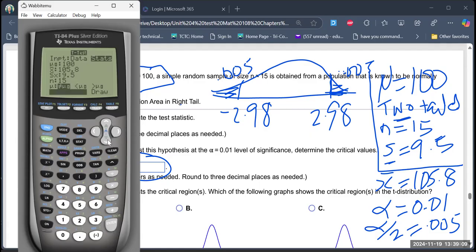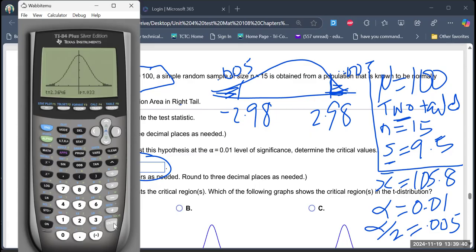So I like to draw. When I see my diagram, it will give me the p-value, and it will also give me the test statistic. So I kind of see that the p-value is 0.033.